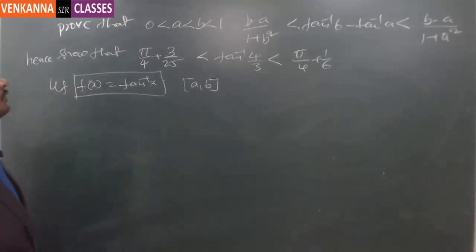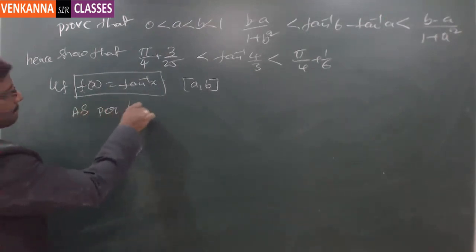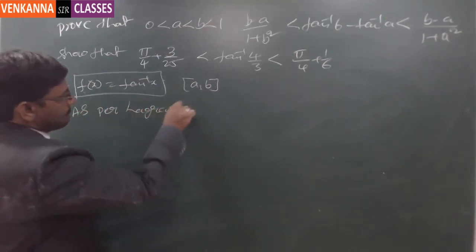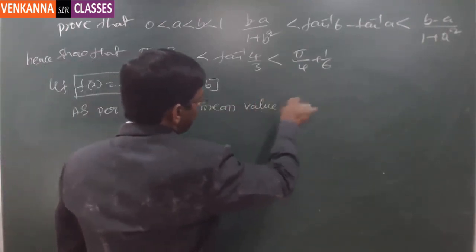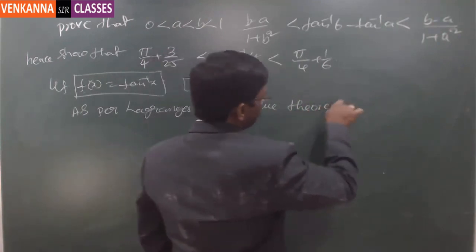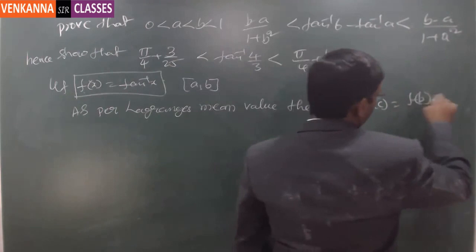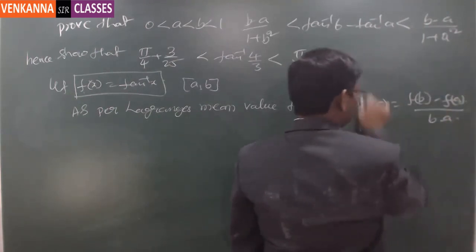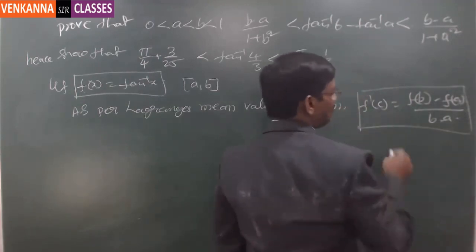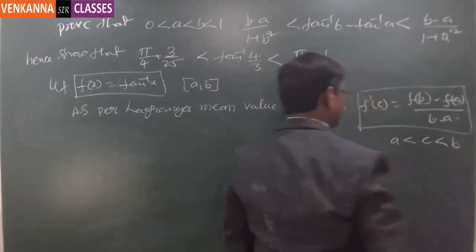So as per Lagrange's mean value theorem, f dash of c is equal to f of b minus f of a divided by b minus a, and c is in between a and b.